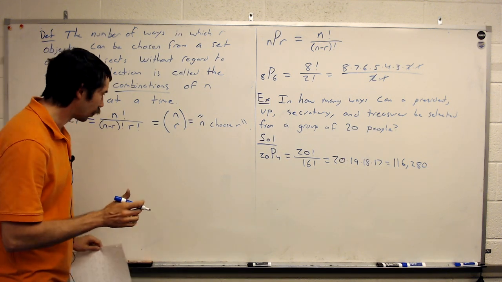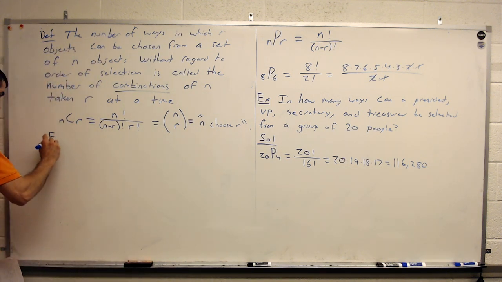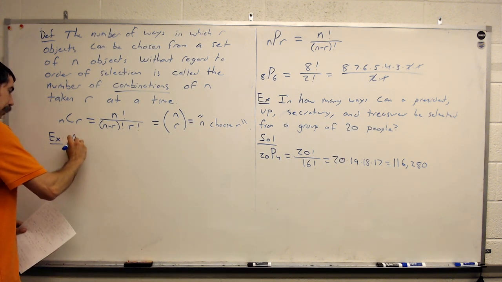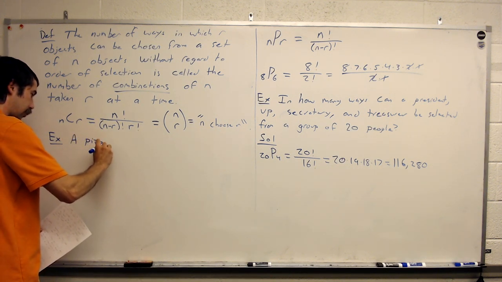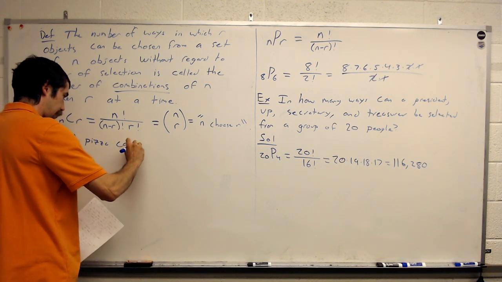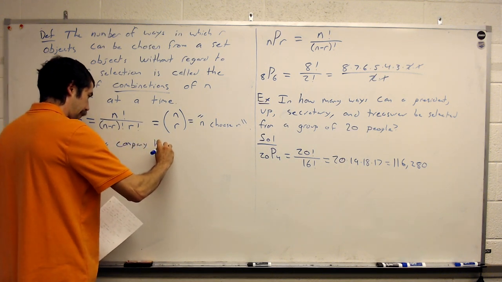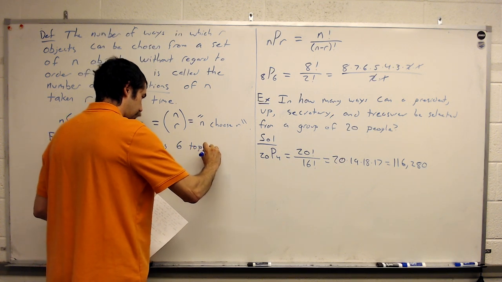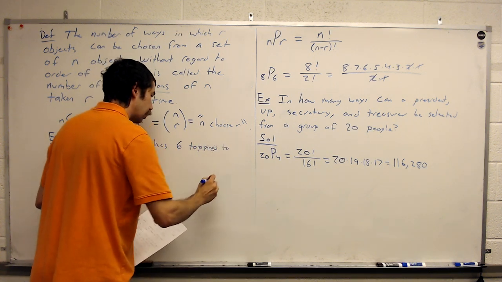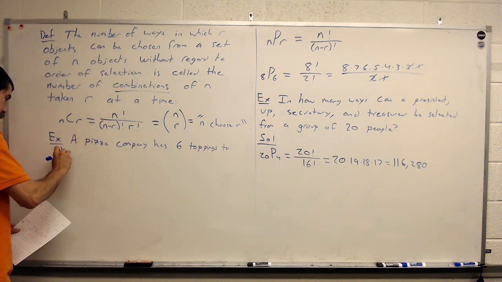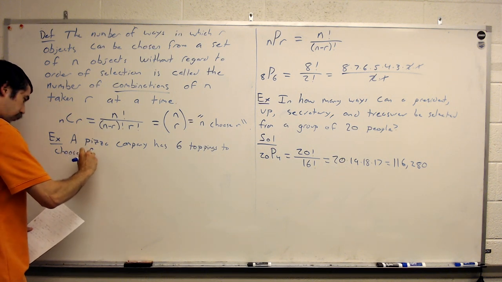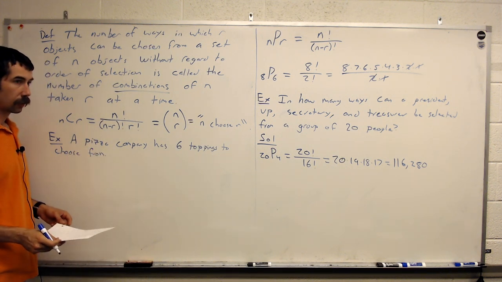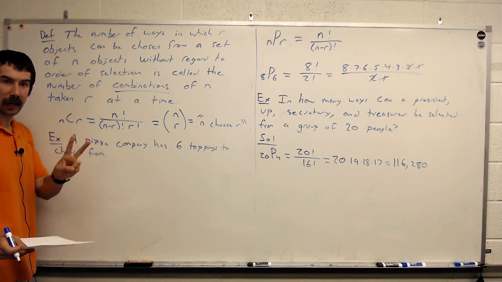Okay, so let's take a look at an example. A pizza company has 6 toppings to choose from. You want a pizza with 2 toppings.